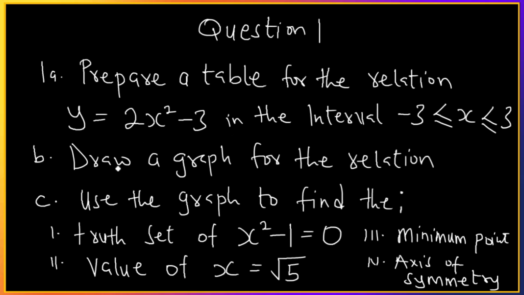And then the second part, we are to come out with a graph for the relation in the same interval. The next part, we are to use the graph to find the truth sets of x squared minus 1 equals 0, value of x equals root 5, the minimum point, and the axis of symmetry. Let's delve right into this.